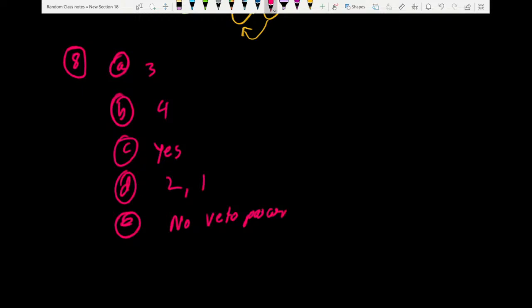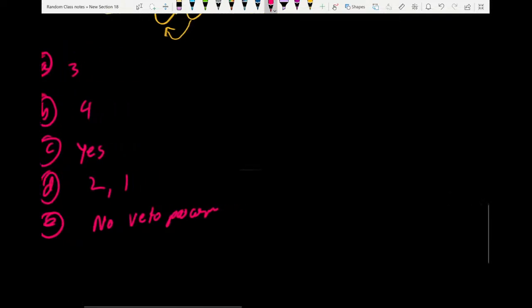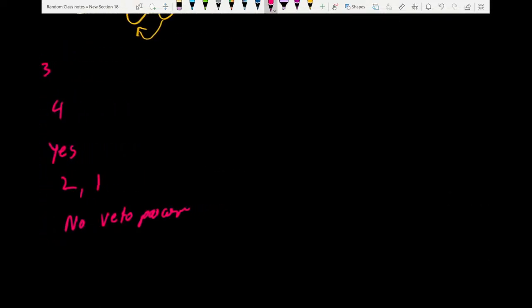All right, let's try another one. Number 9. How many voters? If you add all of them, 9 plus 2, 2 to 8, 8 plus 9, you have 17, right? But you have 1, 2, 3, 4, 5 parties, so you have 5 voters. The quota in this case is 10. That's what's given.